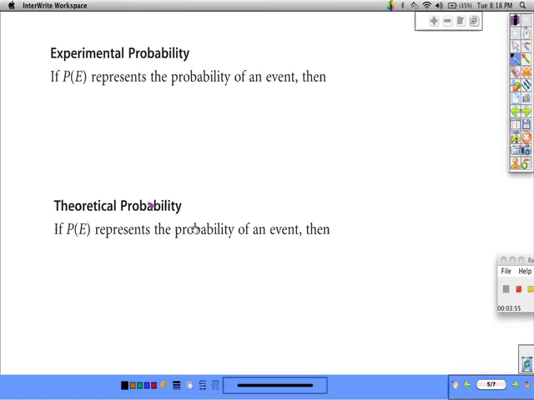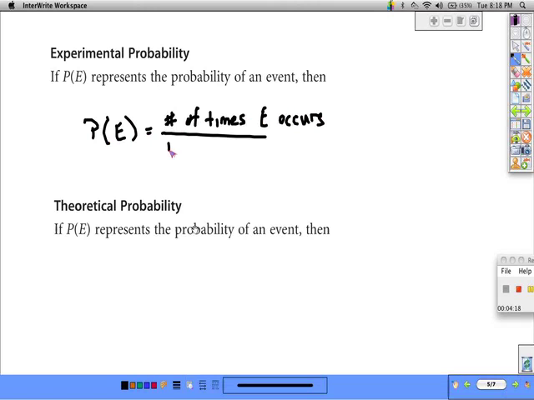So experimental probability and theoretical probability are 2 slightly different things. The probability of event E experimentally is found as the number of times E occurs divided by the number of trials.